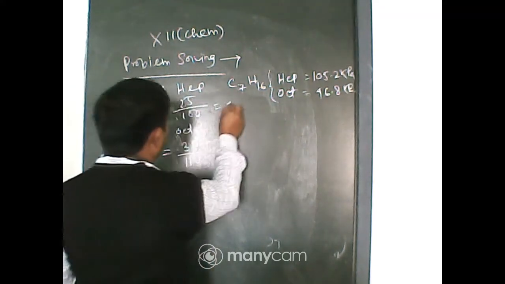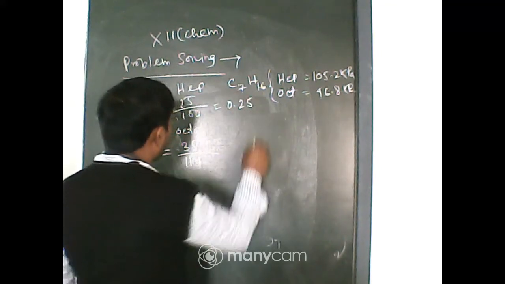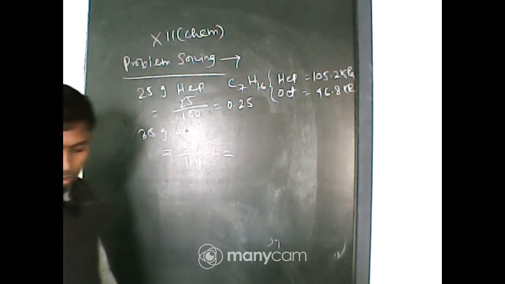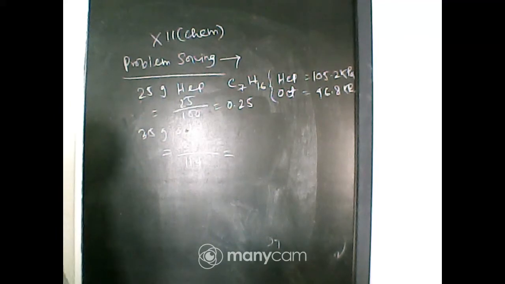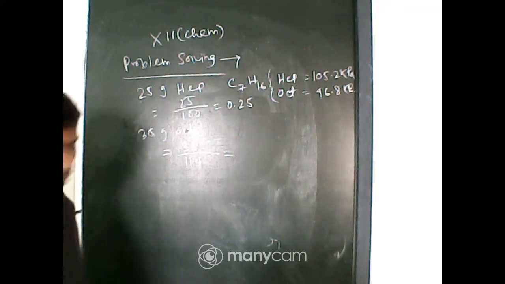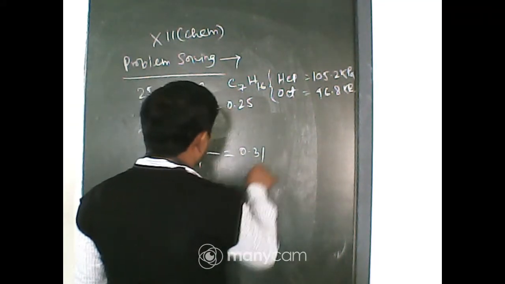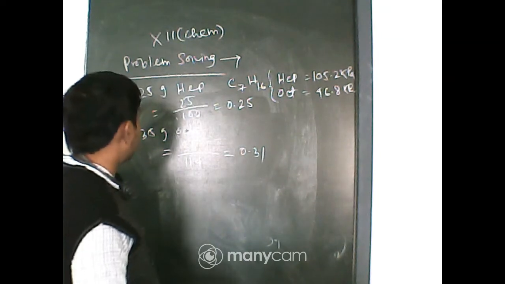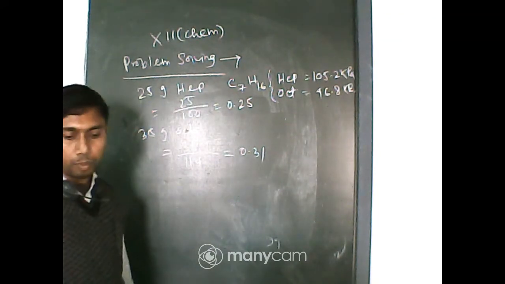First one is equal to 0.25 mole, and this one, 35 divided by 114, is 0.31 mole.